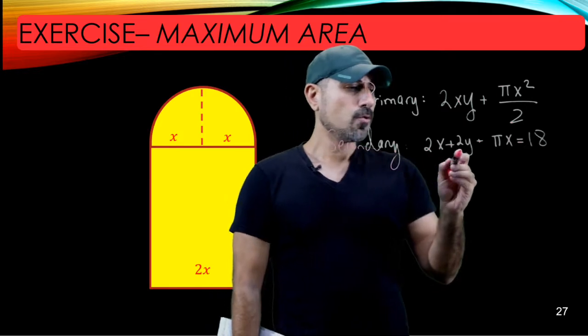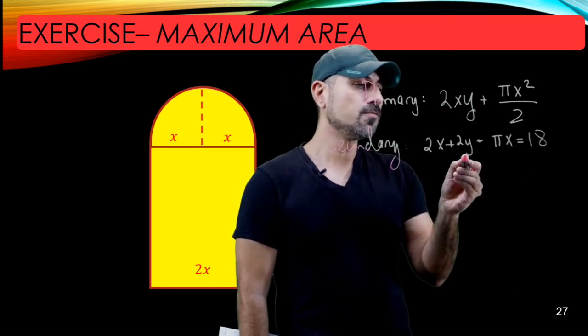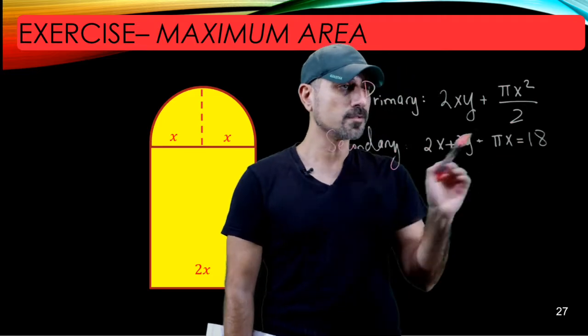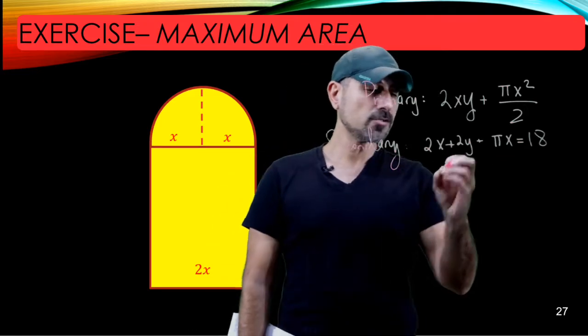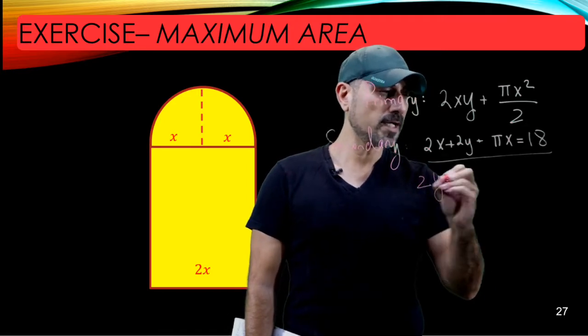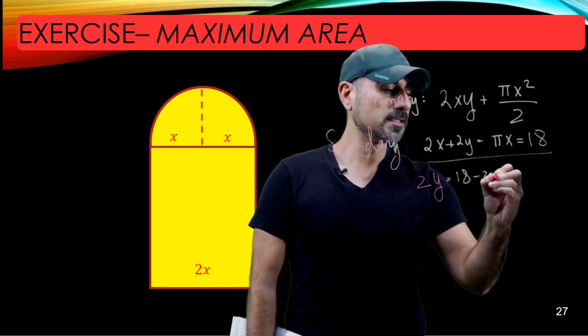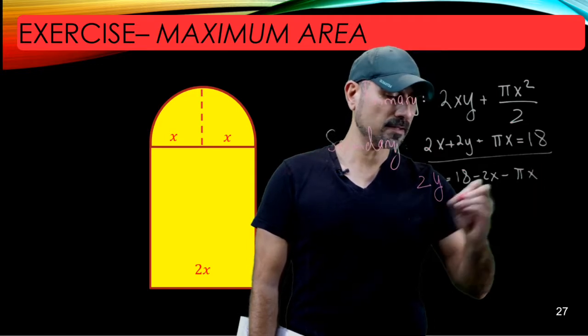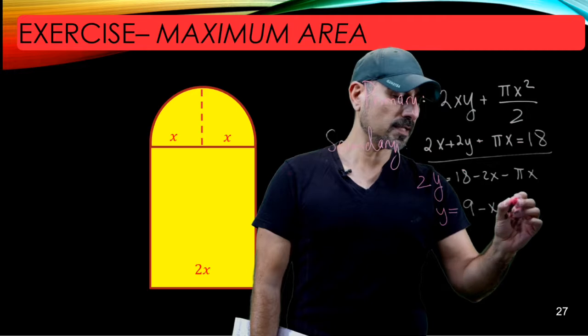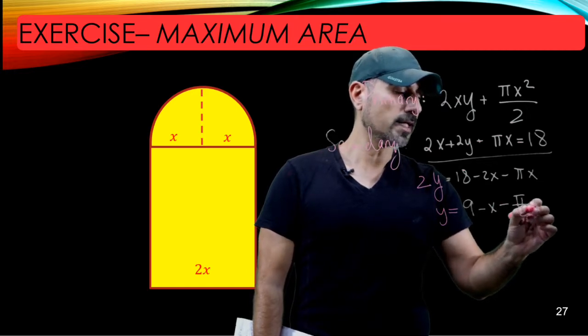Now we're going to solve the secondary equation for y. If you want to do it for x, go for it, no problem. We're going to do the same type of calculation. But let's solve this equation for y. So 2y equals 18 minus 2x minus pi x, and divide everything by 2. So it's 9 minus x minus pi over 2 x.